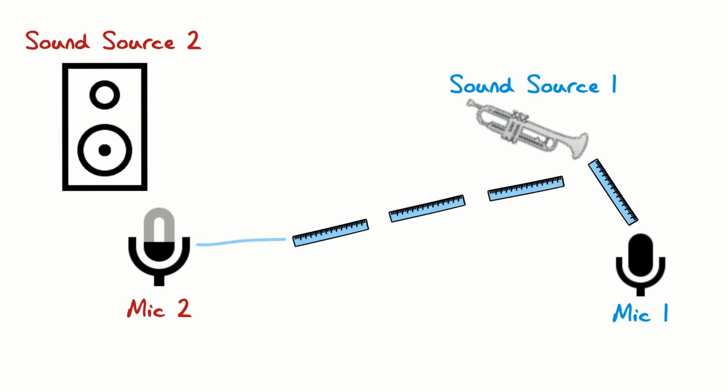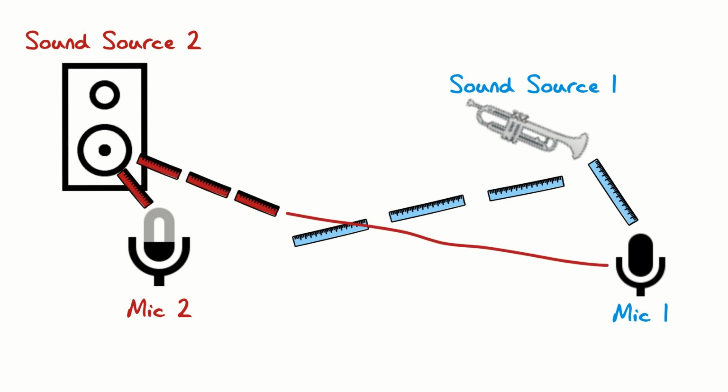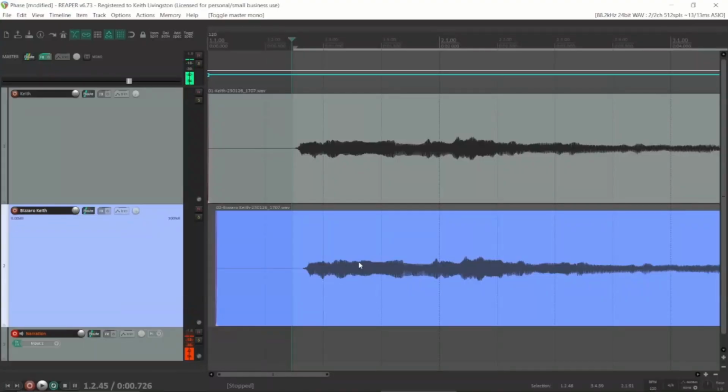That's the 3-to-1 guideline. Now, let's say mic number 2 is 15 centimeters from the sound source, the speaker cabinet. Mic number 1 needs to be at least 45 centimeters away from the speaker cabinet. Once again, obeying the 3-to-1 guideline. Now, this doesn't eliminate phase cancellation.